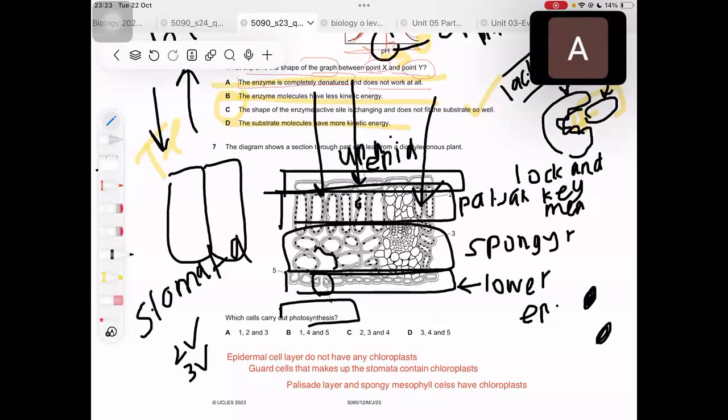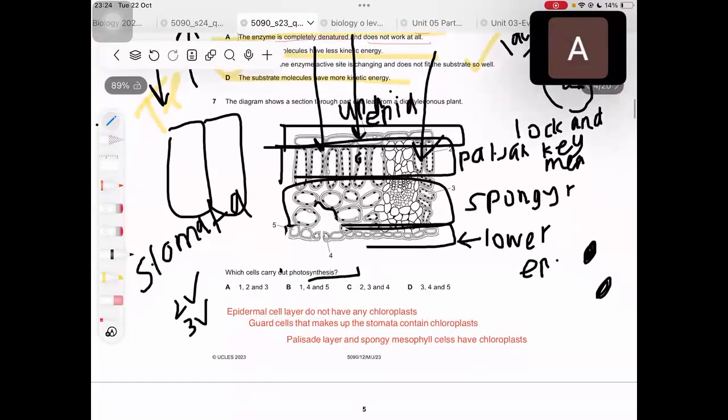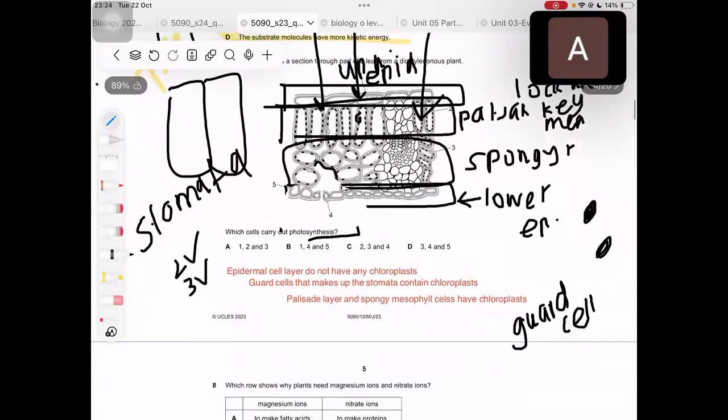But in the lower epidermis, you can't see. But look at this. You might say that in the lower epidermis you can see. But actually, between the lower epidermal cells, there is a special type of cell called the guard cell, and these guard cells have chloroplast.